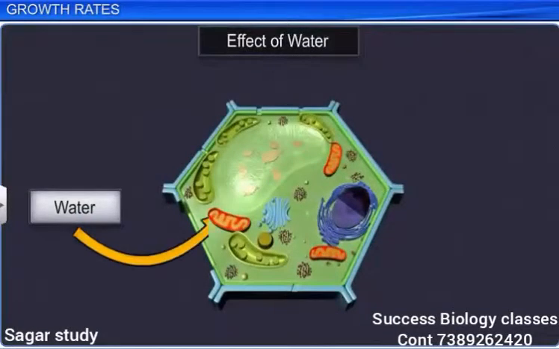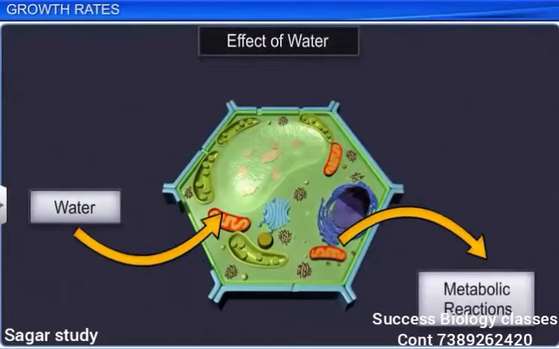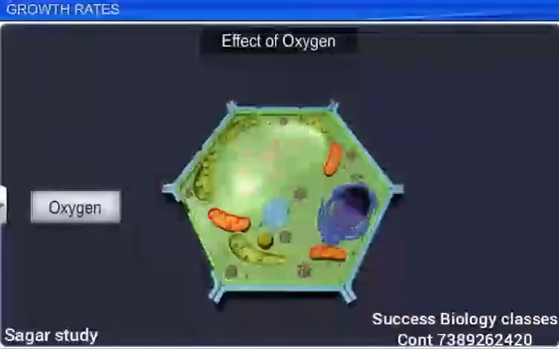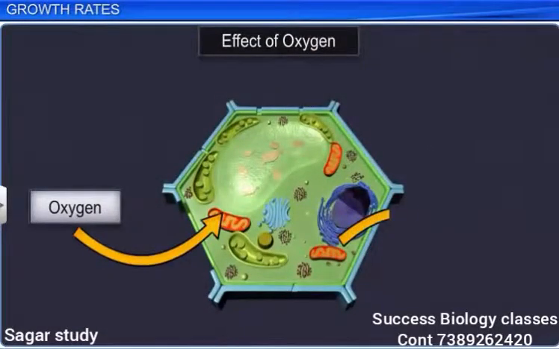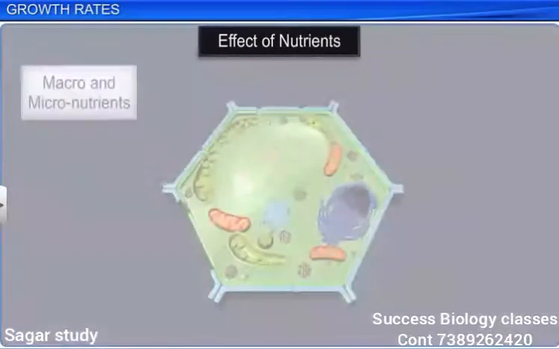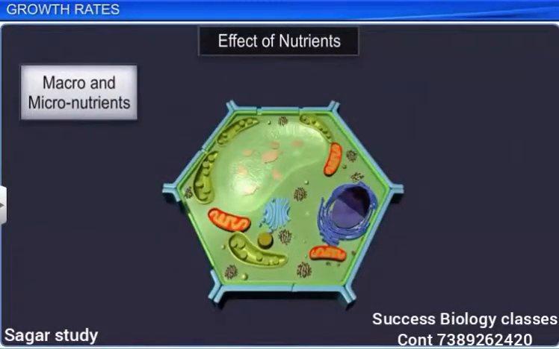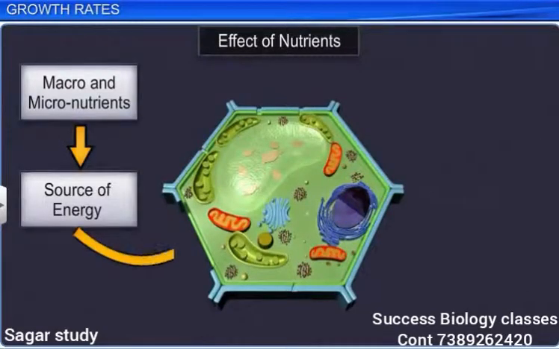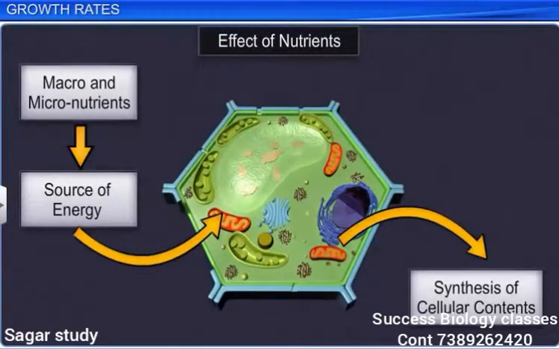Water also acts as a medium for metabolic reactions required for growth. Oxygen is required by plants for the release of energy in food. Macro and micronutrients are used as energy sources and in the synthesis of cellular contents like protoplasm.